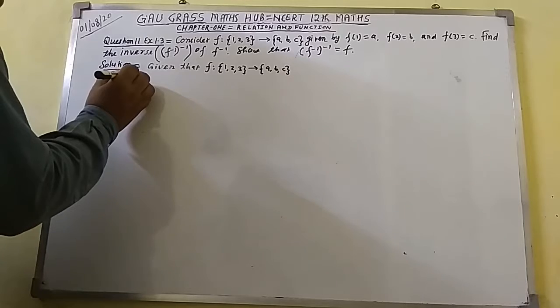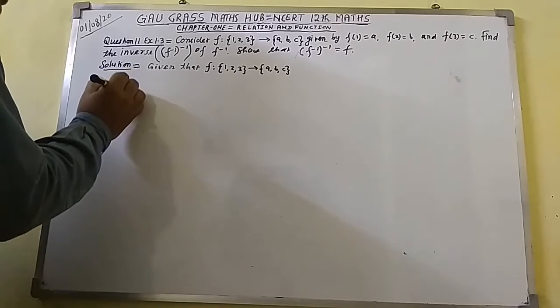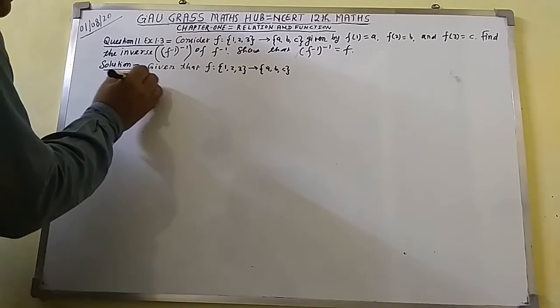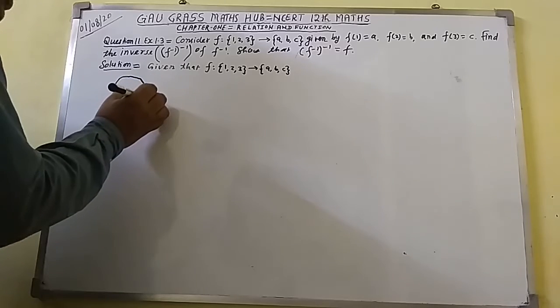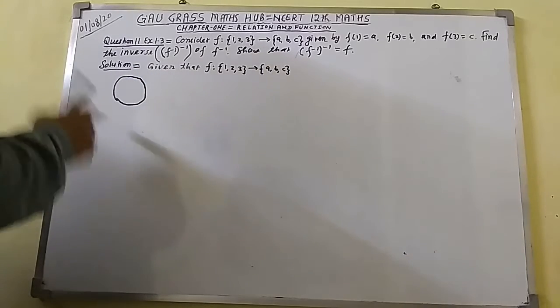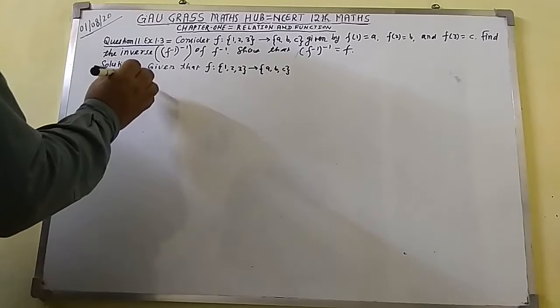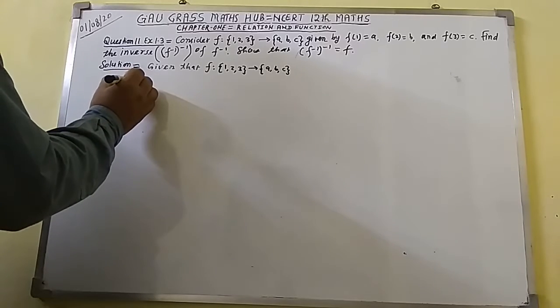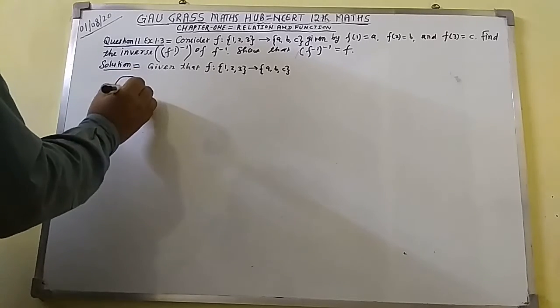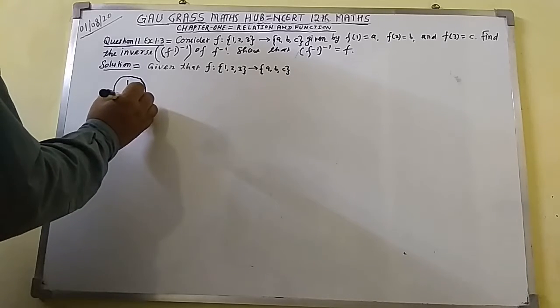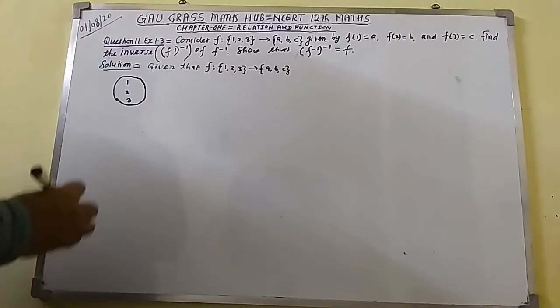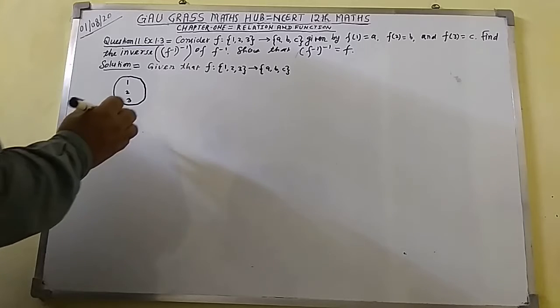If you make the graph, it will look like this. I have made a circle and inside I am going to put the elements 1, 2, 3.